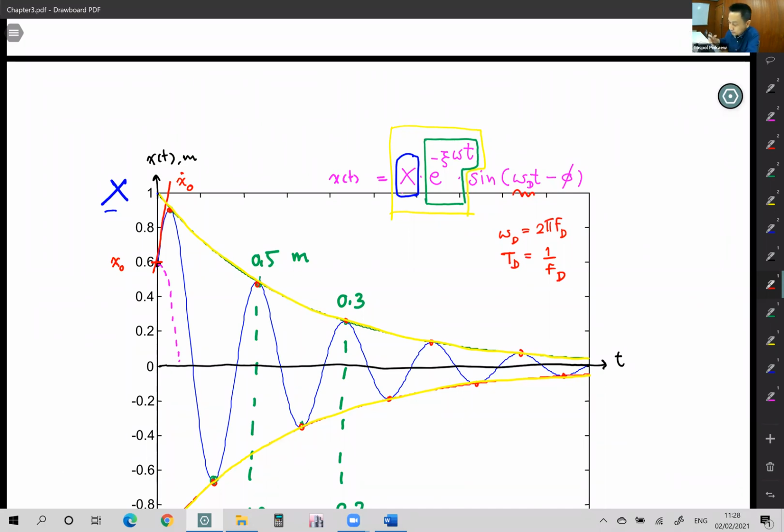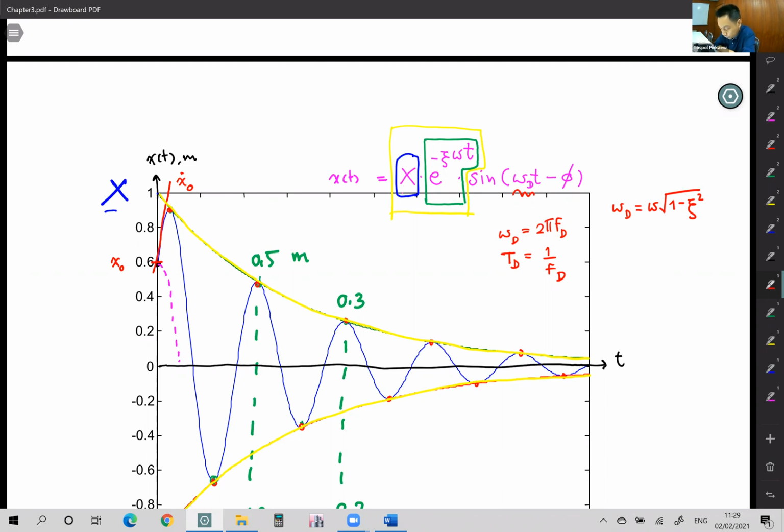I put the subscript D to mark the parameter that has the damping. Remember that omega D itself is defined as omega multiplied by the square root of 1 minus psi squared. Okay?